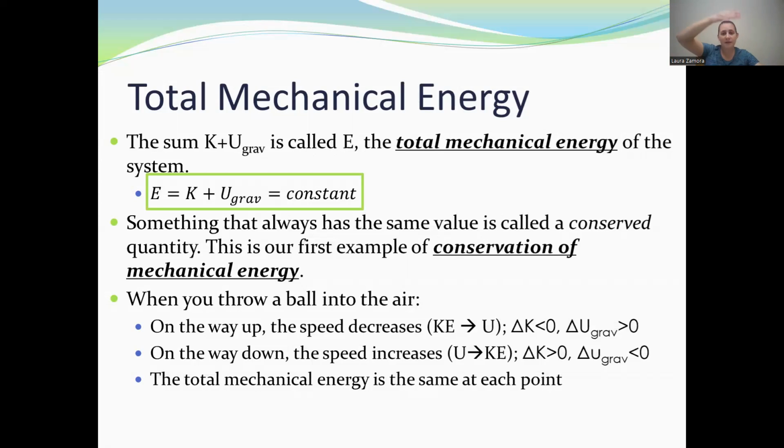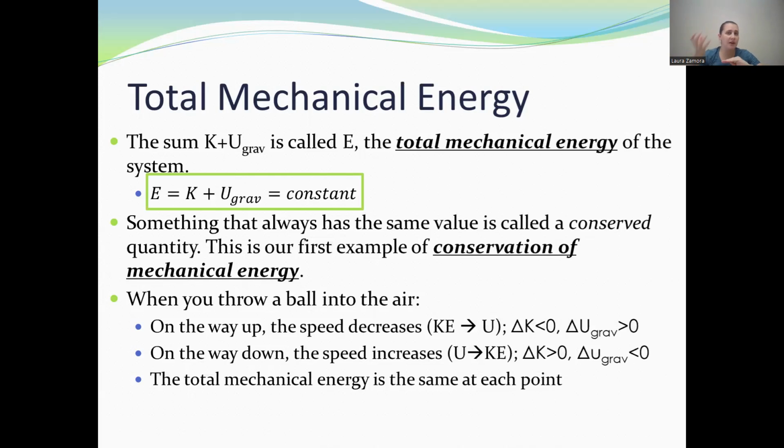So on the way up, the speed decreases, that kinetic energy turns into potential energy. On the way back down, the opposite thing happens, right? It starts off really high above our reference point, but as it's falling down, it's getting lower and lower and lower. So that distance between the ball and the reference point gets smaller and smaller, which means our potential energy is decreasing.